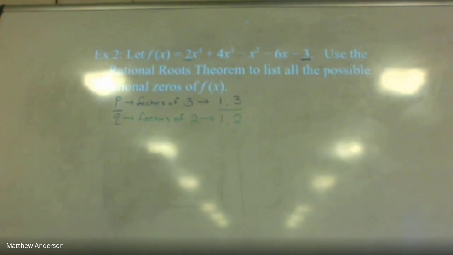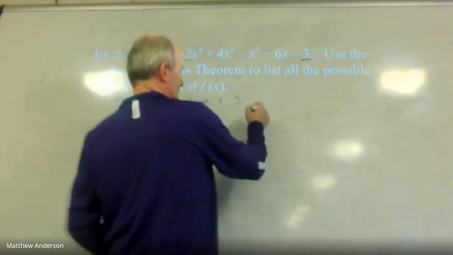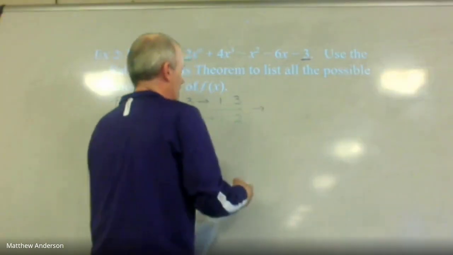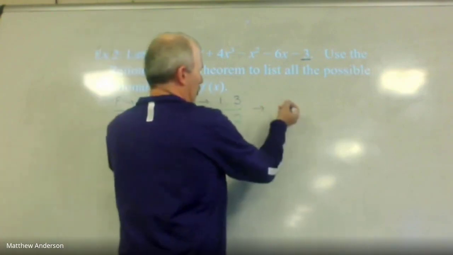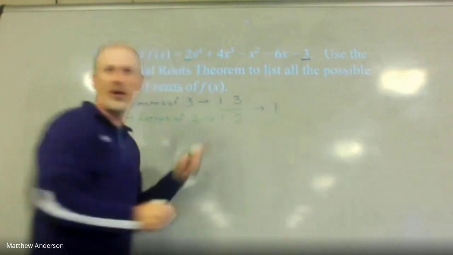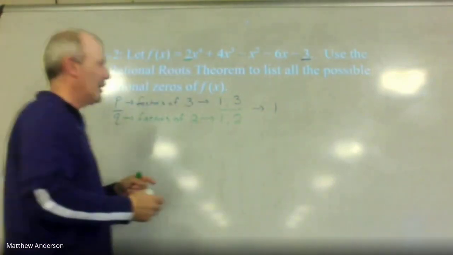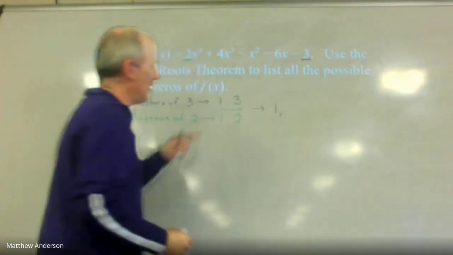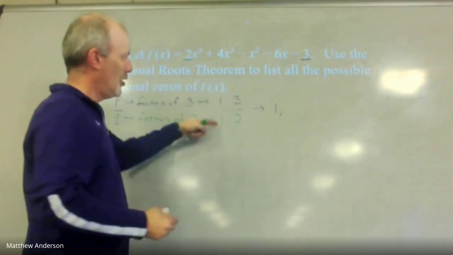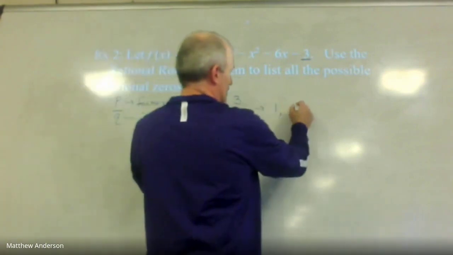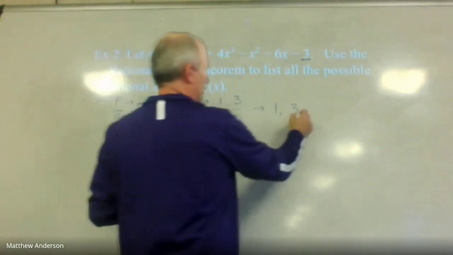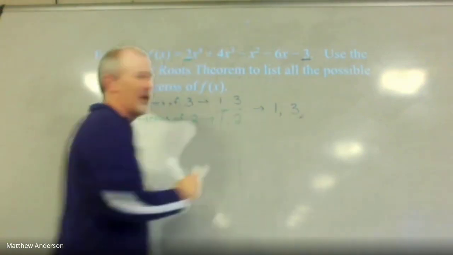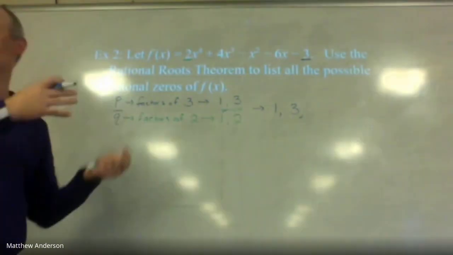So here's how we do it. We just start listing these and we say, okay, we could have 1 over 1, that's just 1, right? We could also have, so I'll put a comma, we could also have 3 over 1, and 3 over 1 is just 3. We could also have, so that takes care of a denominator of 1. We've used the denominator of 1 for both of the tops.